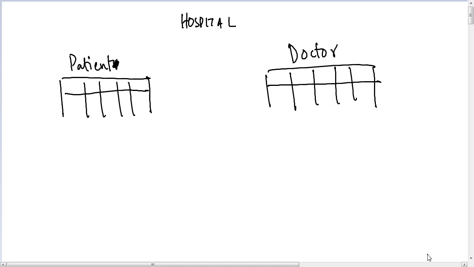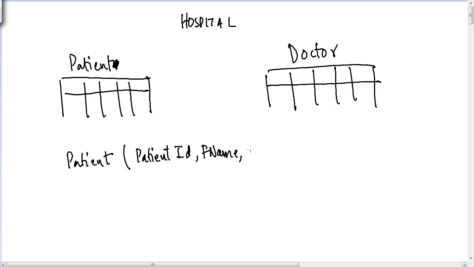Okay, let me quickly write down these tables. So the patient table has patient ID, the first name and the last name and the contact.